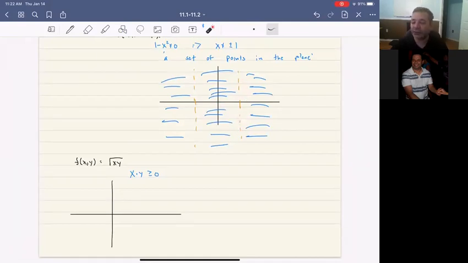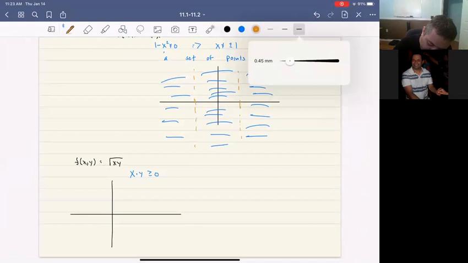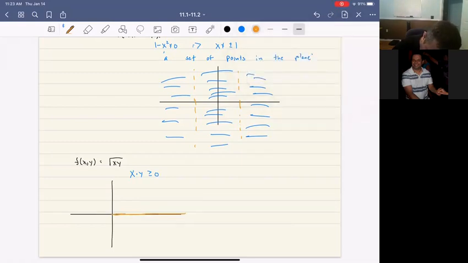But here we're actually going to include zeros, so I'll use orange and draw it a little thicker. These lines are part of the domain.